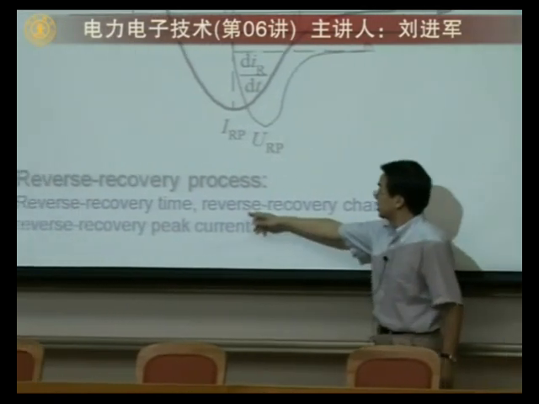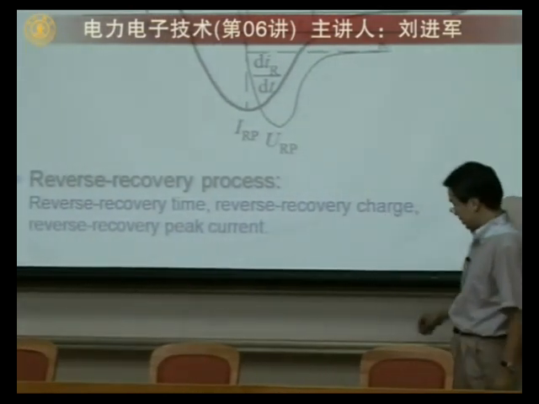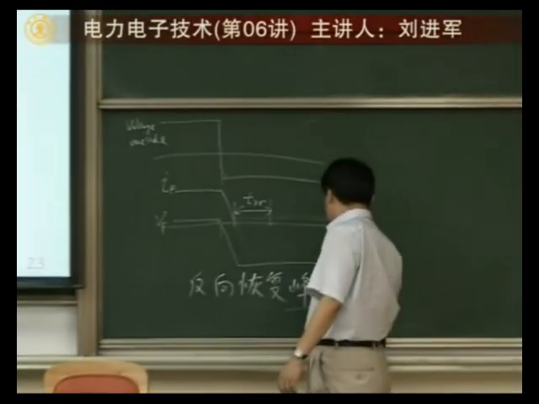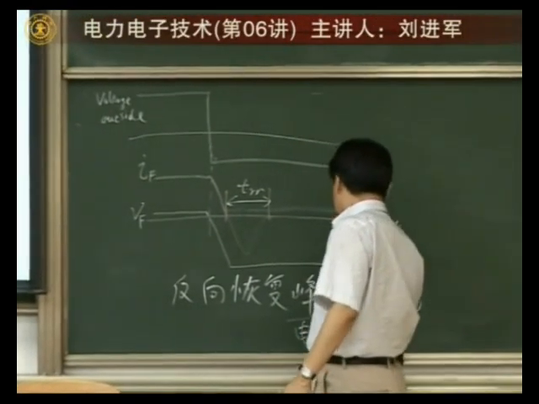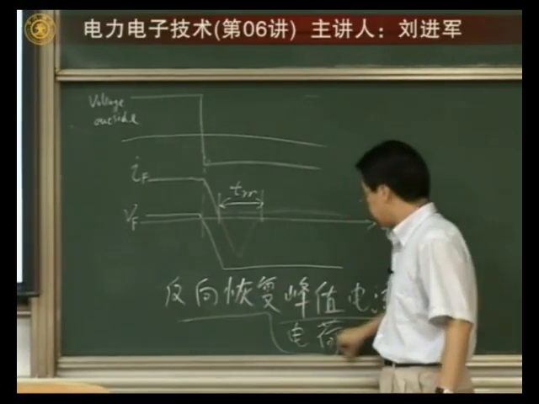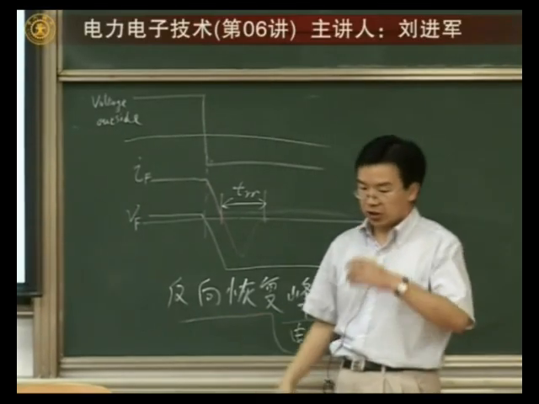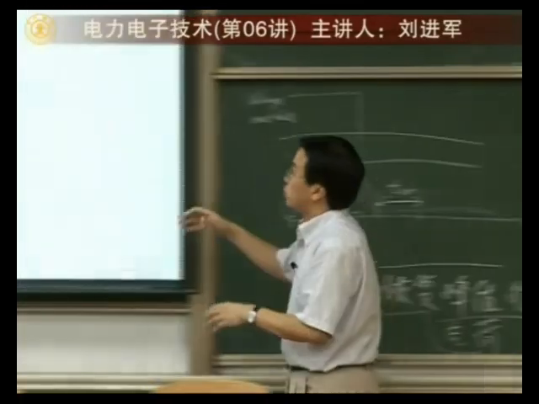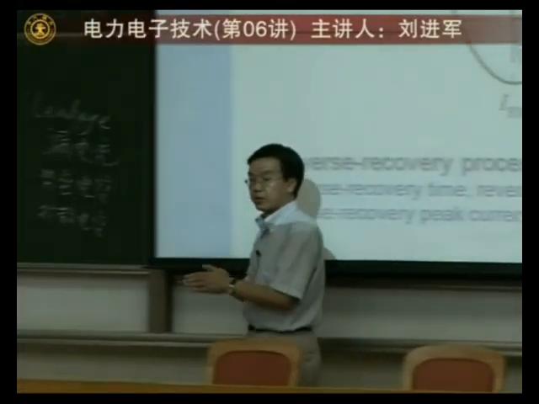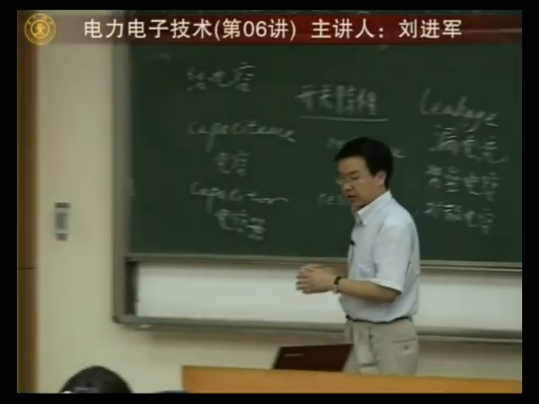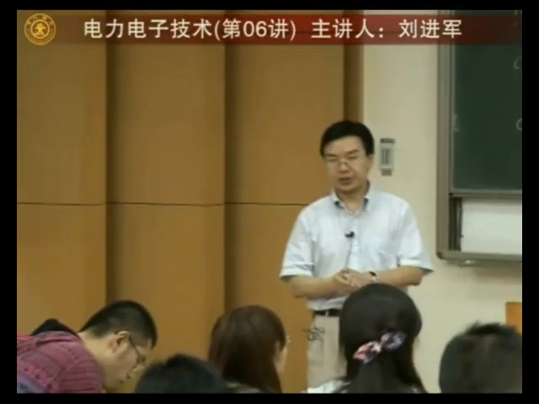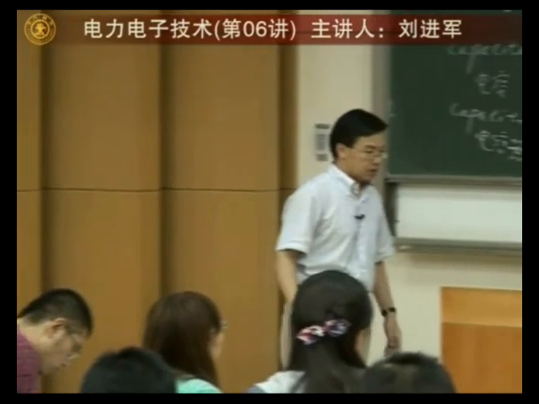And similarly, there is another concept, reverse recovery charge. Reverse recovery charge means how much charge you need to remove from the intrinsic region so that the intrinsic region will recover the ability to block high voltage. Okay?